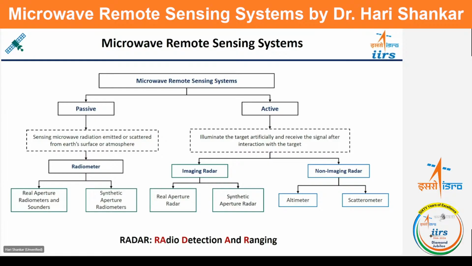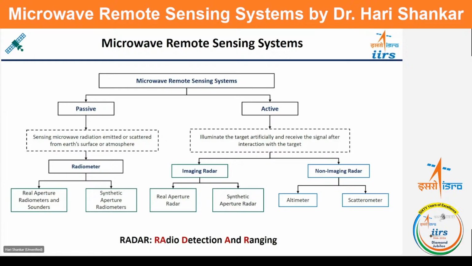So this is one way of investigating microwave emitted signals from the earth surface or the different layers of the atmosphere: the atmospheric layers in the case of sounders, and the earth surface in the case of radiometers. These are very popular devices, and nowadays people are using radiometer data very frequently.